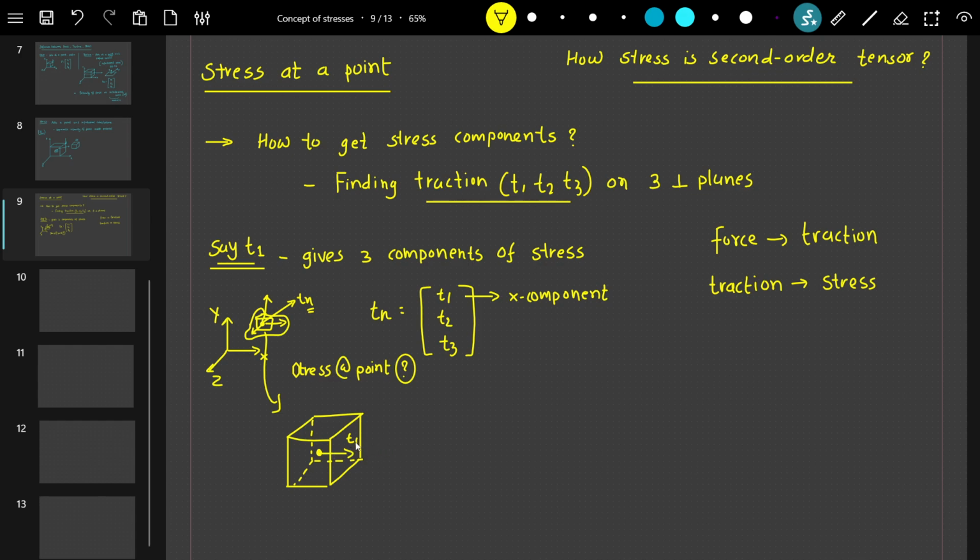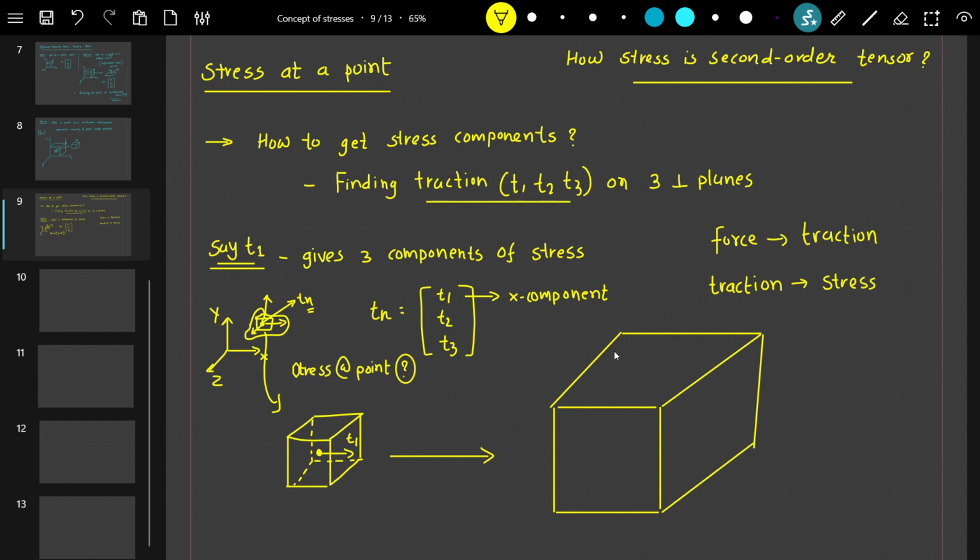I think I need to draw even bigger. Doesn't look in proportion. So this is our infinitesimal volume.